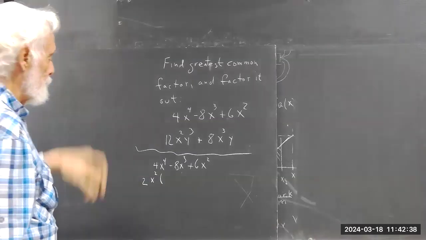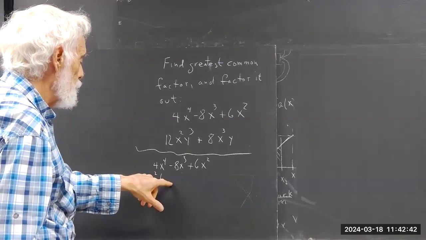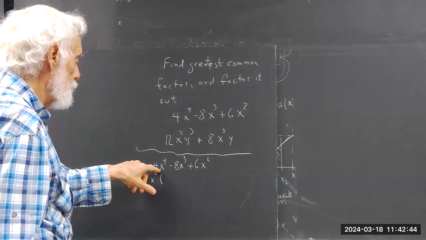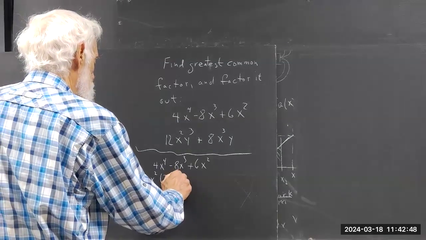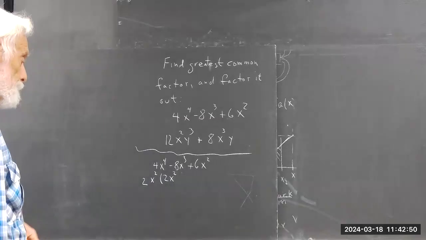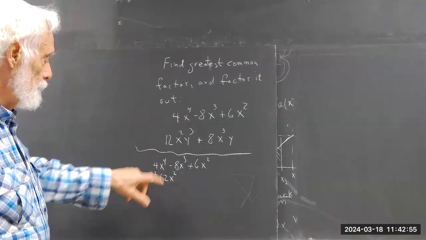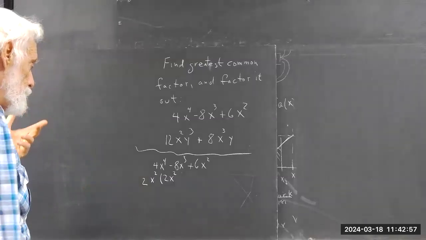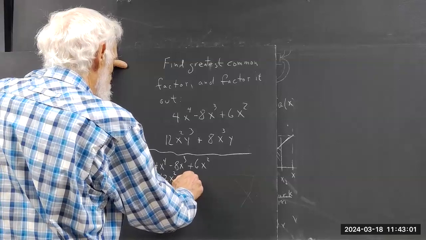And then what? If we have 2x squared here, what more do we need to get 4x to the fourth? Well, we need another 2x squared, just by coincidence, because 2 times 2 gives us 4, and x squared times x squared gives x to the fourth. And then to get 8x cubed, we need minus 4x.